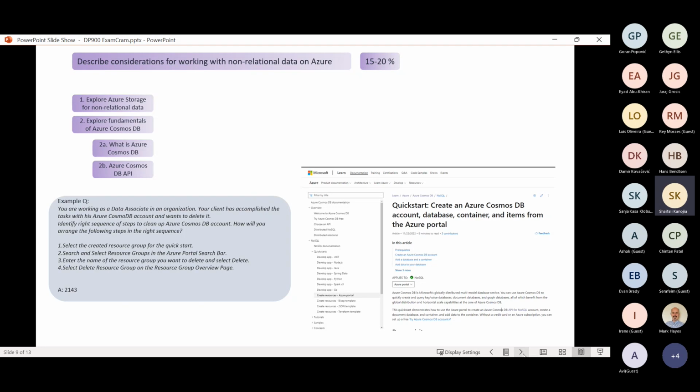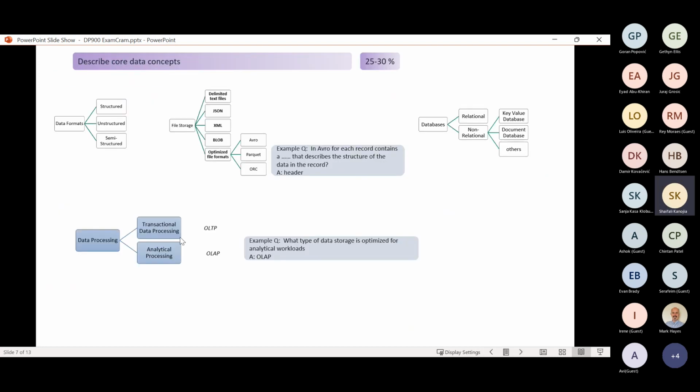So I would suggest here, of course, you can prioritize reading about the topics as per the weightage. For example, if module one is 20 to 25% and it's covering transactional data processing, I would suggest you should know about OLTP in detail.